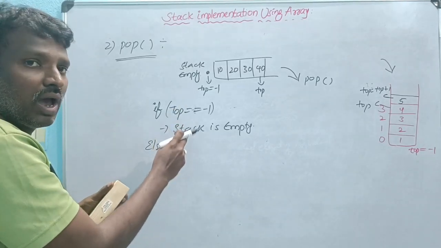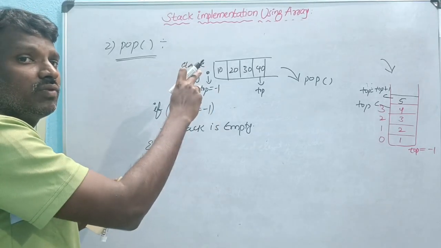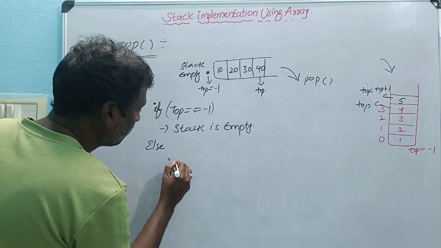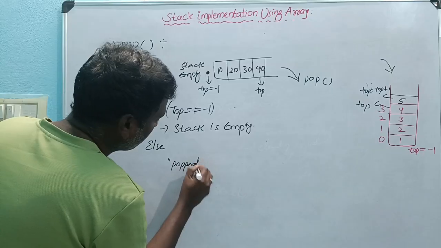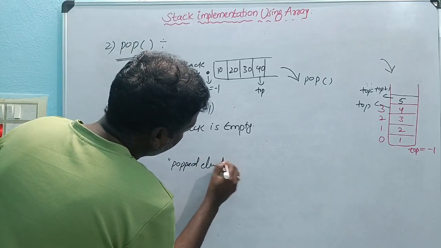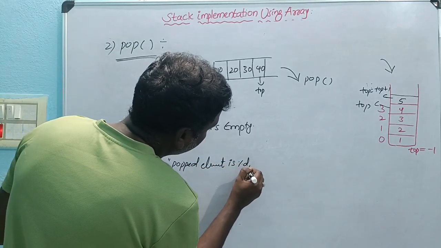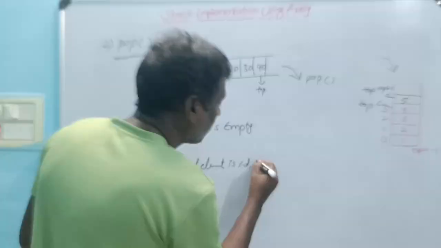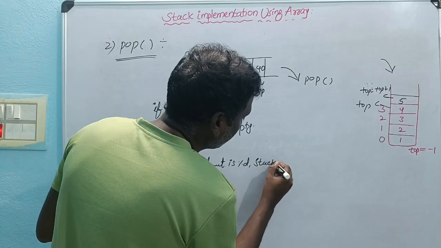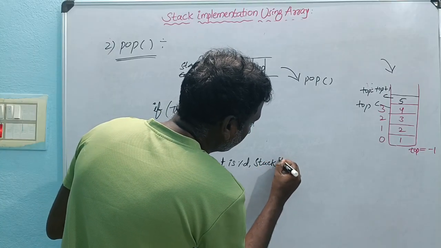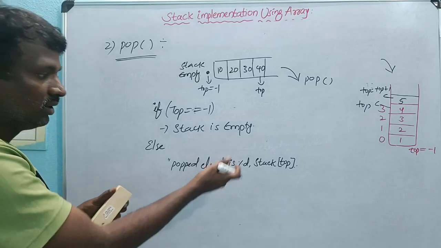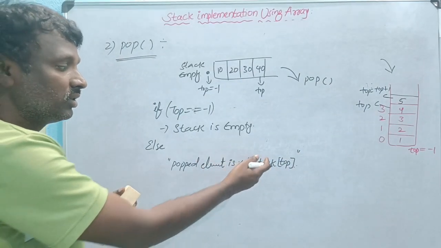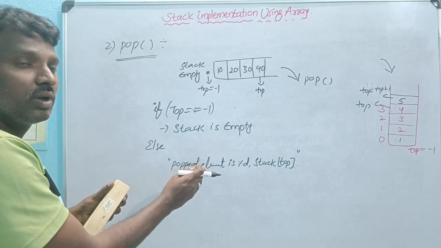If your stack has some elements, the pop operation is performed successfully. So that's why we are writing here: the popped element is %d. Which element is popped? The top element of that stack. So that's why we write stack[top]. Whichever element is at the top position will be popped from the stack.